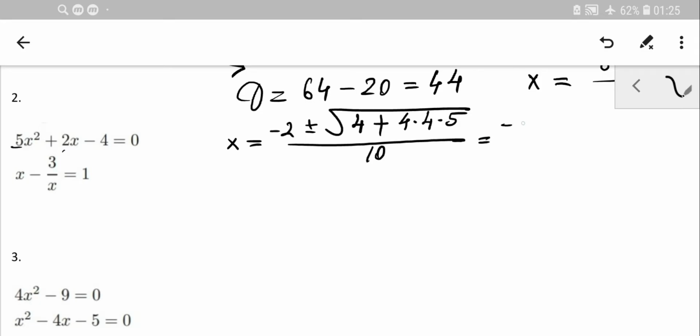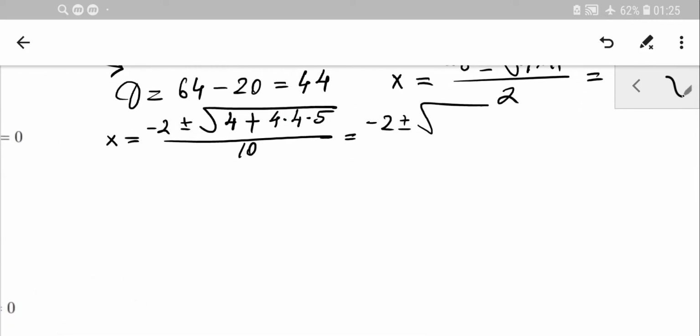So finally we'll get minus 2 plus minus square root of 16 times 5 plus 5, and out of that we need to calculate the square root. So we'll get square root of 85 over 10.